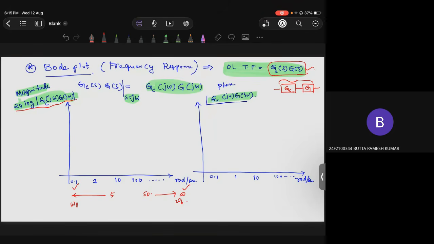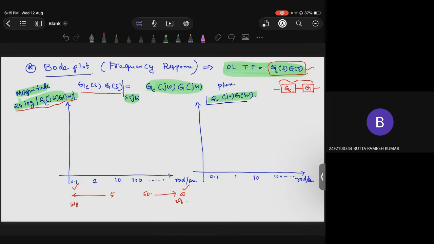So what is a Bode plot? Consider the same, for a closed loop. Root locus? The Bode plot we draw for the open loop. The root locus also we draw for the open loop transfer function, but it will talk about the closed loop ones. If the feedback is one, it will talk.